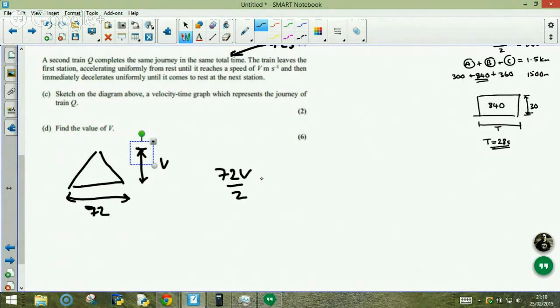So 72V over 2 will equal the same distance.